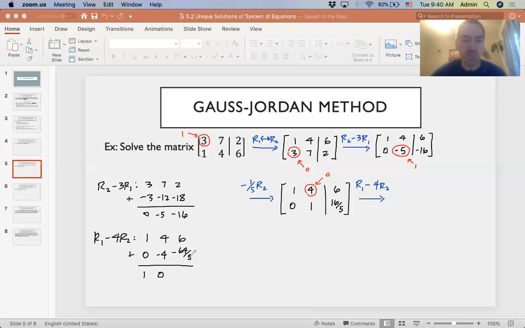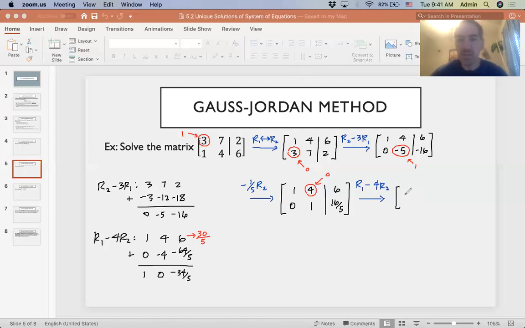Okay, some work to do here. Let's write 6 with a common denominator of 5. So 6 can be written as 30 fifths. I'm just thinking of 6 as 6 over 1, and I'm multiplying top and bottom by 5. 6 times 5 is 30, so 30 over 5. Now, 30 over 5 plus a negative 64 over 5, 30 minus 64 is a negative 34, and that is fifths.